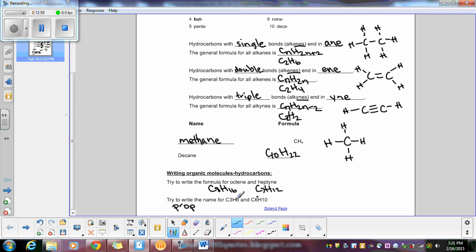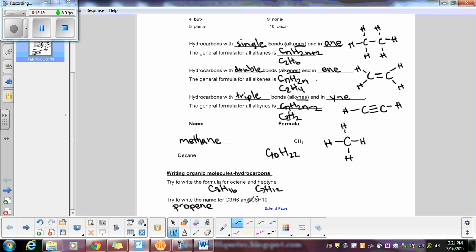If I have a double bond, my formula is 2 times the number of carbons, so 2 times 3 is 6. I do in fact have 6 hydrogens here, so I know that this has to be an alkene. So if my prefix is prop, I'm going to end it with ene. C3H6 is propene.